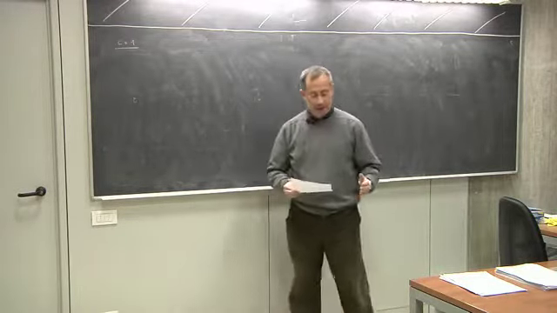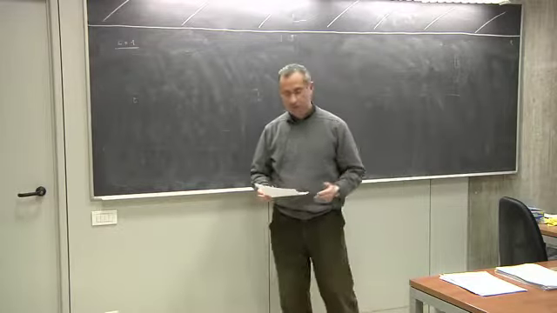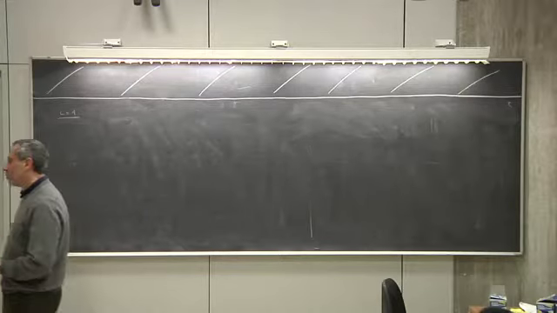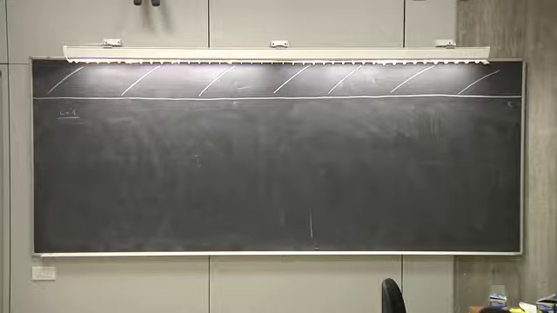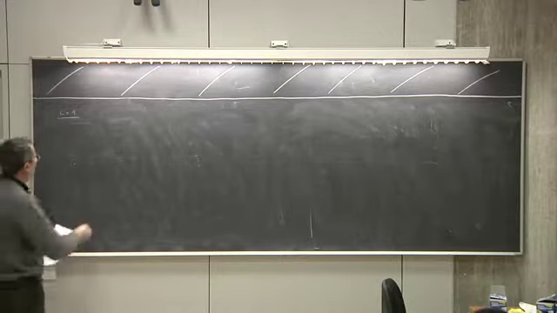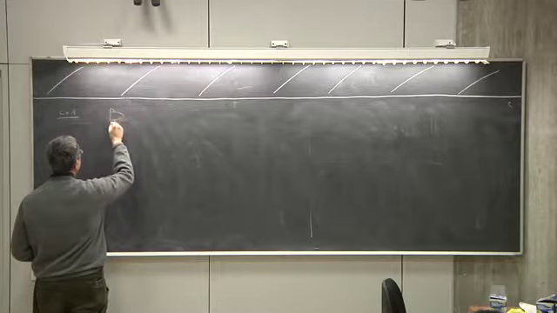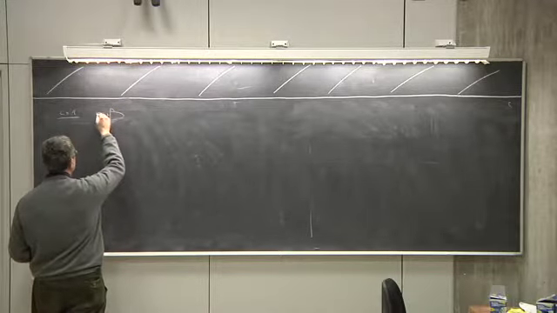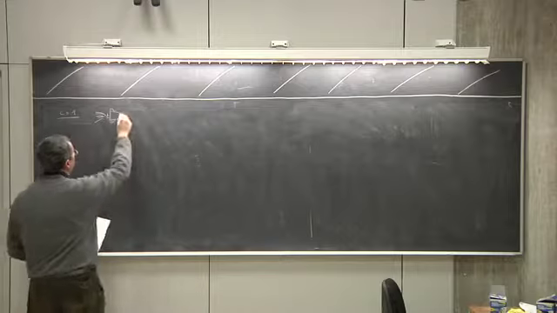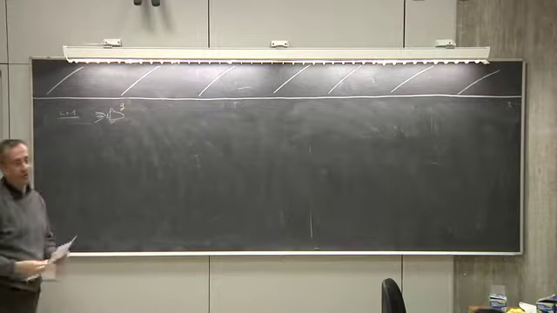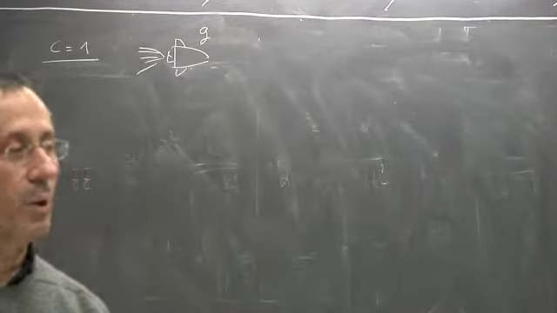So, just to make the problem a little more interesting, you have a rocket that accelerates with a constant acceleration g, let's say 9.8 meters per second squared, and you launch it.